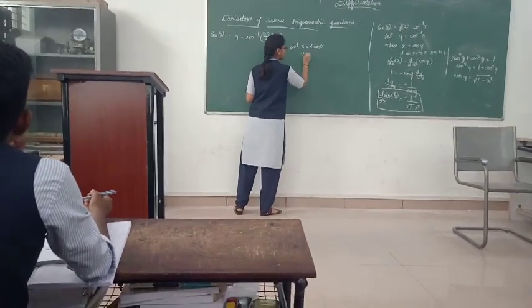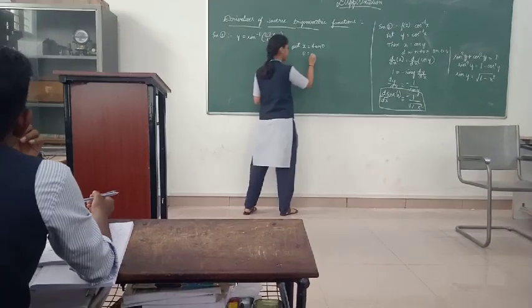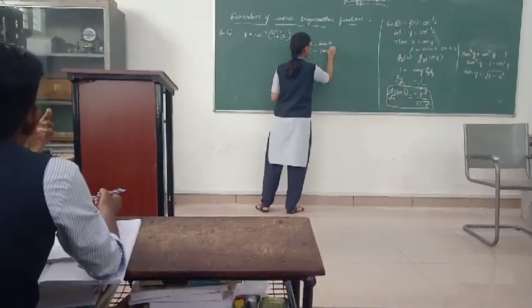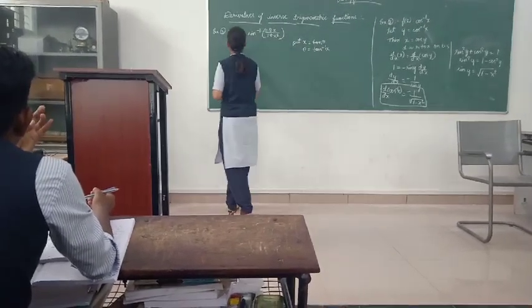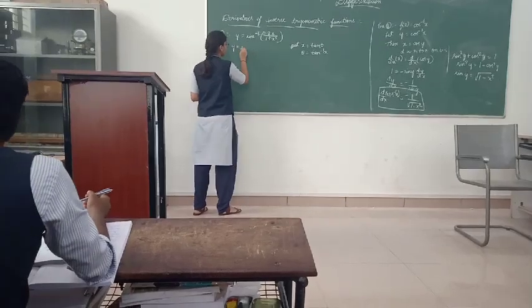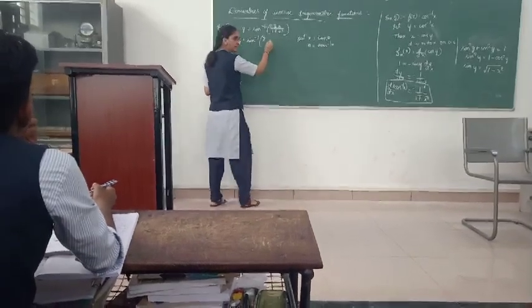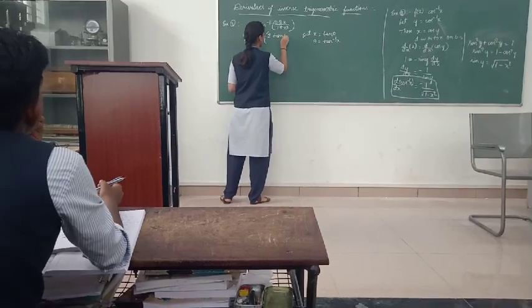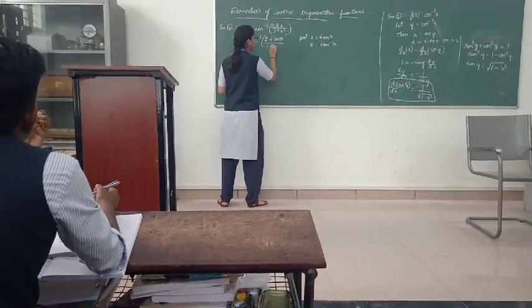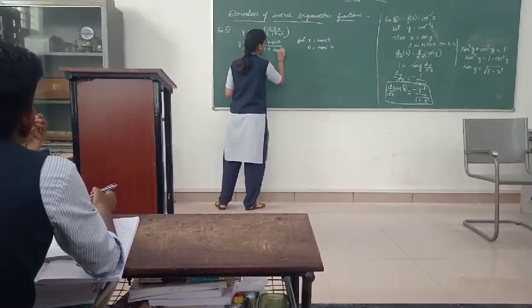So theta is equal to tan inverse of x. Then y is equal to sin inverse of 2 tan theta divided by 1 plus tan square theta.